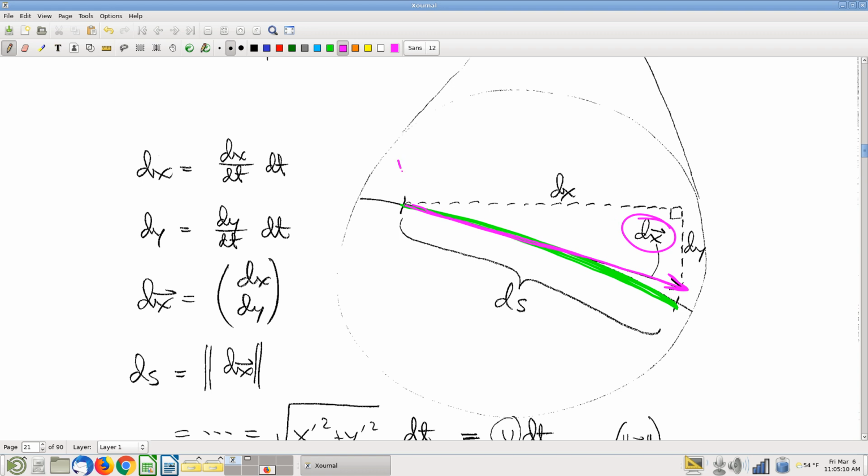This is the x function, and this is our estimate of how much my position on the curve changes. It's not exactly how much my position changes, but my linear estimate, based on linear understanding of what's happening to the position function, would have me over here. So this dx vector is that position differential. It's got coordinates.